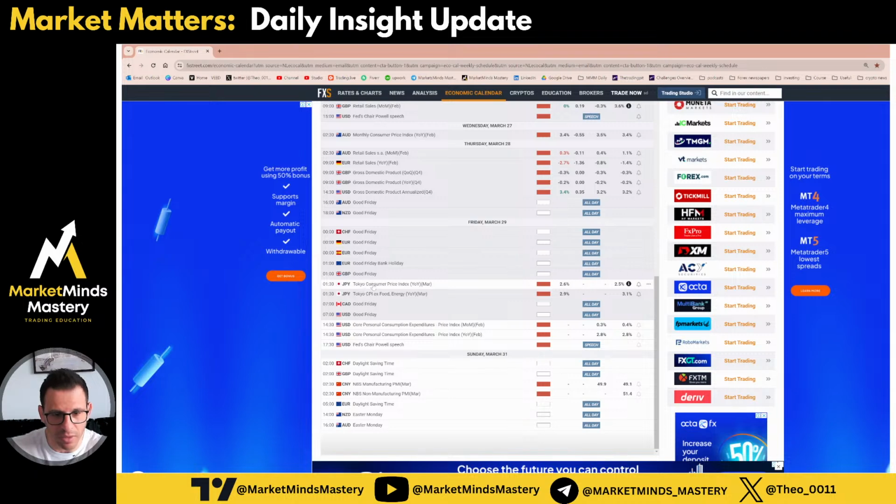Only in Tokyo the market was open earlier, and Tokyo Consumer Price Index previously was 2.5% for the year. That's including the energy sector and everything else, and it increased to 2.6%. And oppositely, excluding food and energy, the CPI went from 3.1% to 2.9%.